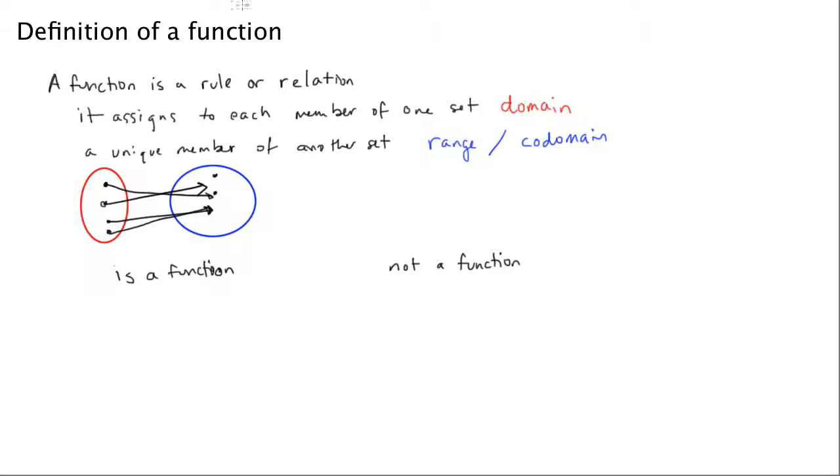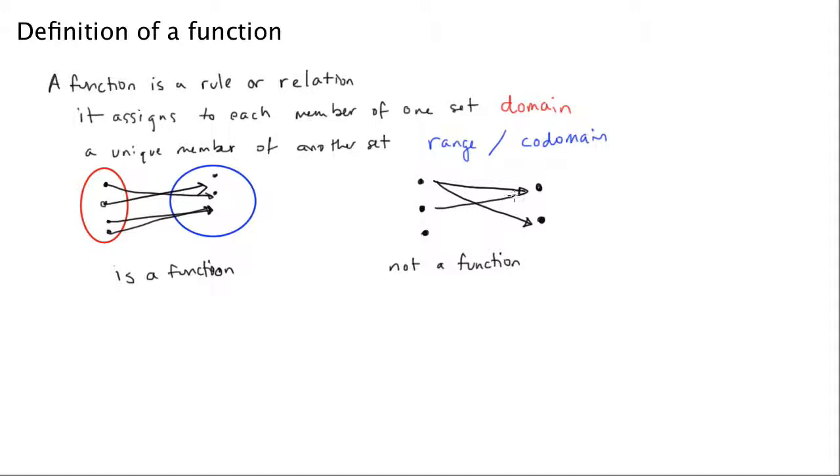Okay, and so let's just look at a quick example of that. So if I had, for example, three things in my domain, and let's say two things in my range, then it would not be a function if this element was assigned to two different elements in my range.